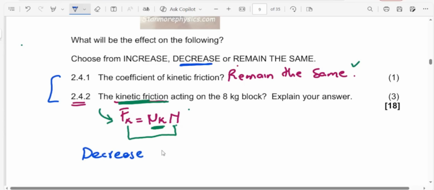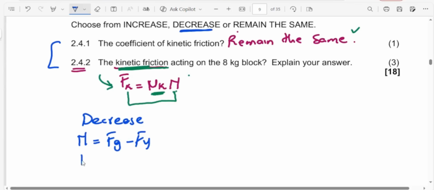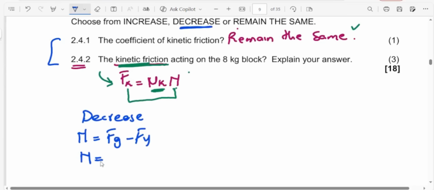The reason they want us to explain our answer is that if you write down the formula for normal force and say this is Fg minus Fy, you're going to get full marks. Because now we know that the normal force is equal to Fg, which is mg, minus the vertical component, which is the applied force multiplied by the sine of theta.